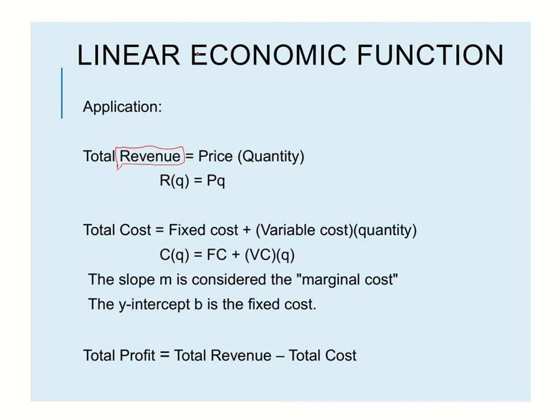So let's say you are selling mechanical pencils, and for one mechanical pencil, you sell for $2. So the selling price is $2, and let's say the quantity you sold today is 50 pieces. So your quantity is 50.